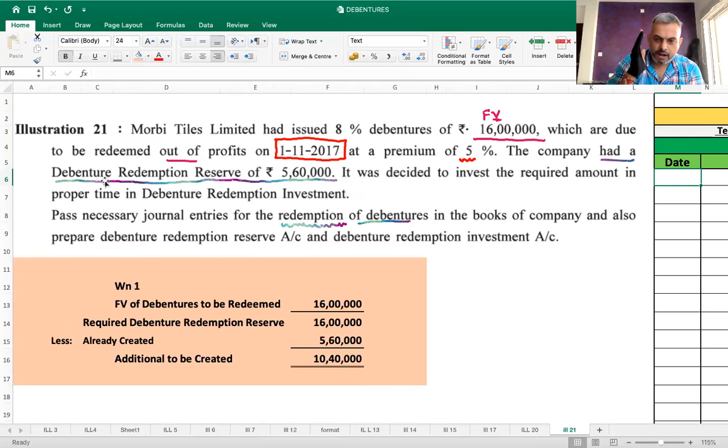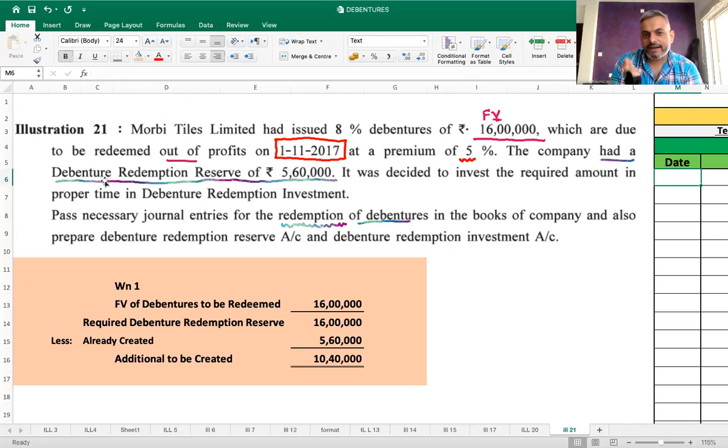So the amount to be transferred to debenture redemption reserve will not be on 1/11/2017 because of the simple reason that when you create a reserve, you debit surplus. Now this is in the month of November. So how do you know that by the end of the year there will always be a surplus? There can be a deficit also.